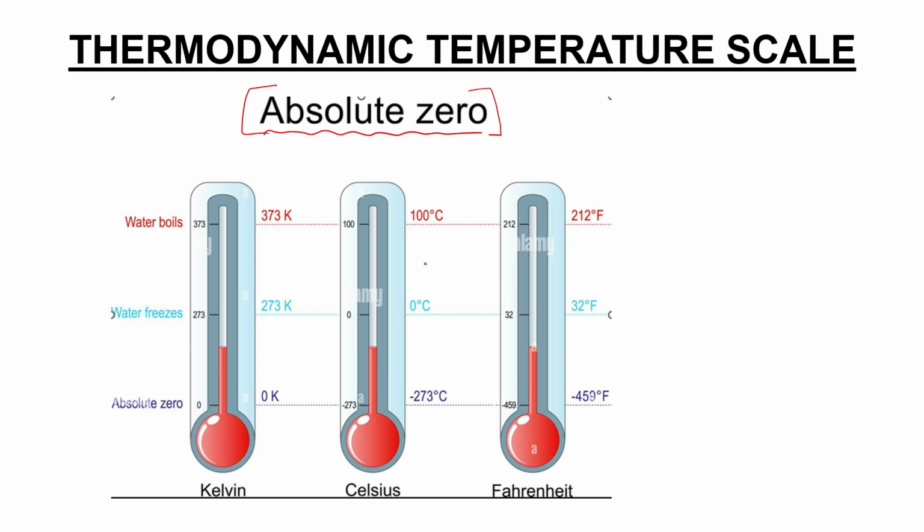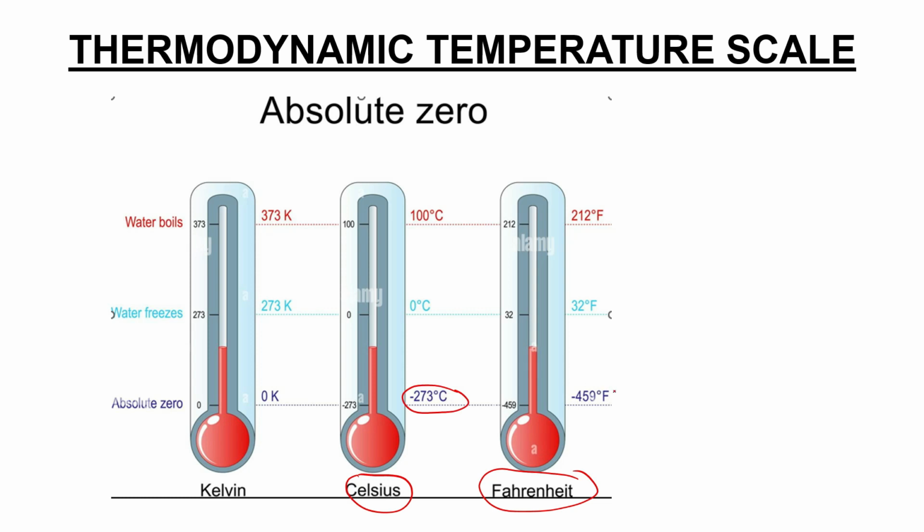Now another scale is introduced here, that is the Kelvin scale. You have discussed already the Celsius scale and Fahrenheit scale. In the Celsius scale, you have minus 273 degrees Celsius, 273.15. This was the absolute zero.